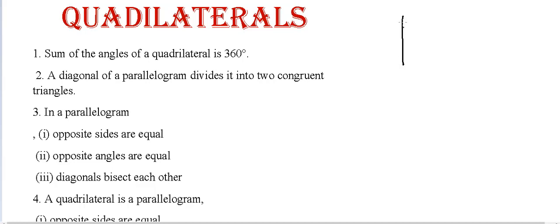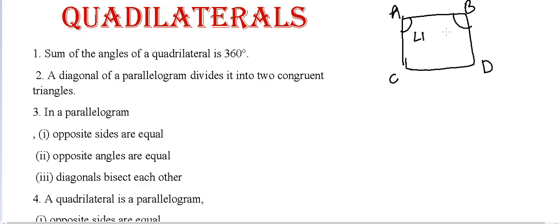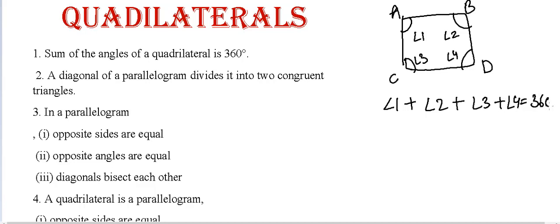Let it be a quadrilateral ABCD. This is angle 1, this is angle 2, this is angle 3, and this is angle 4. So angle 1 plus angle 2 plus angle 3 plus angle 4 is equal to 360 degrees.